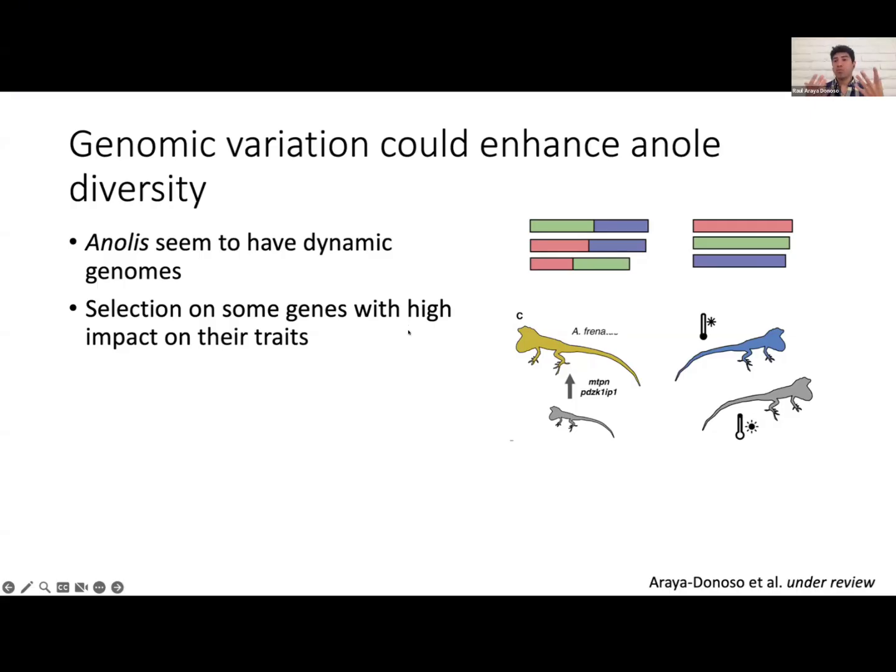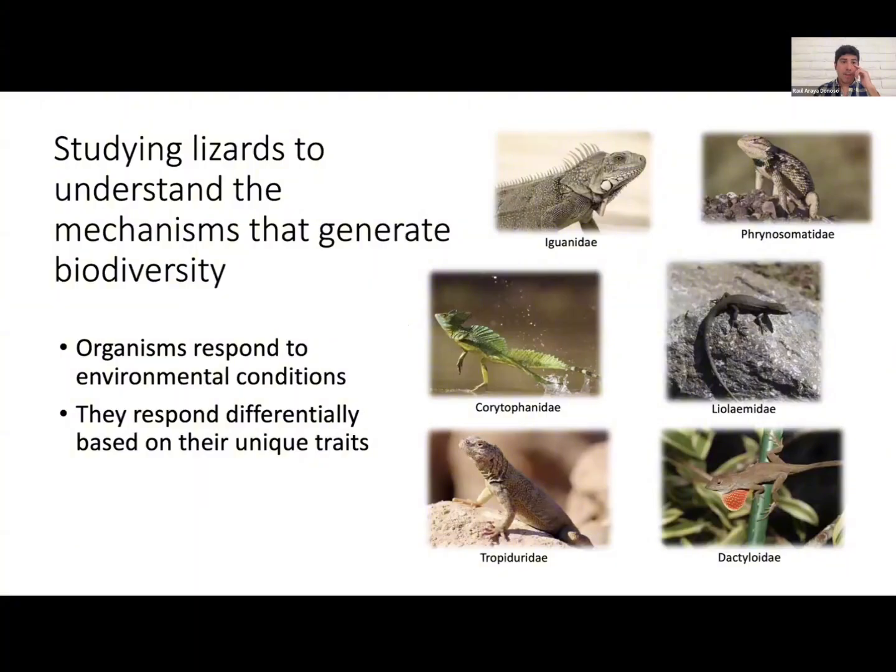But now, okay, we understand these features of the evolution of this lizard. So why is that important? Because we're trying to understand the mechanisms that generate biodiversity. We have this very diverse group of lizards that have very different forms. We have very tiny things, we have iguanas that are huge. So we need to understand what is generating this biodiversity, especially if we want to preserve it.